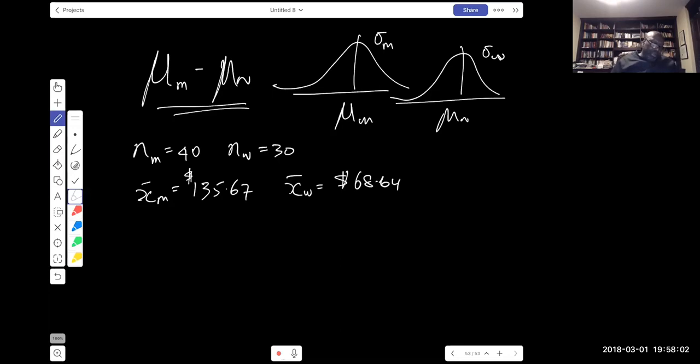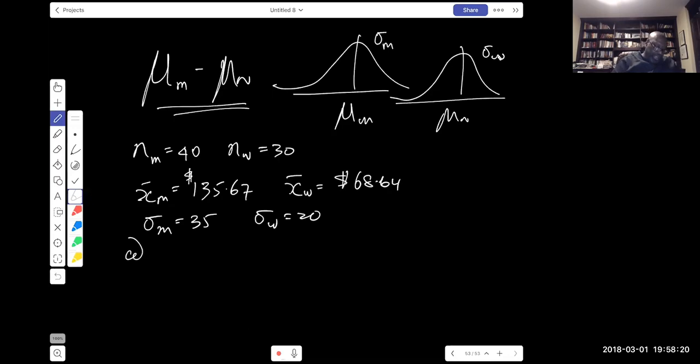So that's the information we have, but we also are told, based on past surveys, so we'll treat that like population values. Standard deviation for men was considered to be 35. Standard deviation for women was considered to be 20.